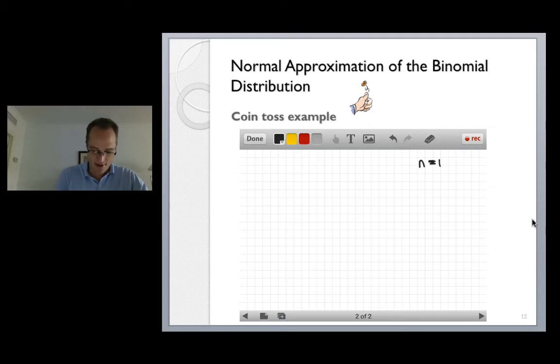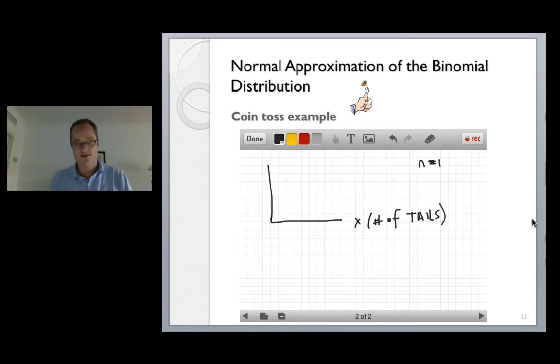If we're going to set up a probability distribution, which is what this binomial distribution is, on the horizontal axis we'd have x, which again is the number of successes, and we'll call this the number of tails. It's not important which one is a success or failure here. Up here, capital P is probability, the probability of getting that number of tails.